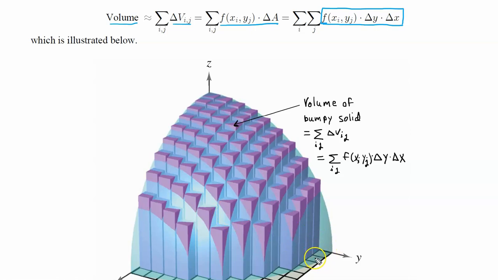Then we add up all the volumes of little boxes for when i is equal to 1. Then we jump over again and let i increment, and so on. Okay, so you notice we have a double summation here now.